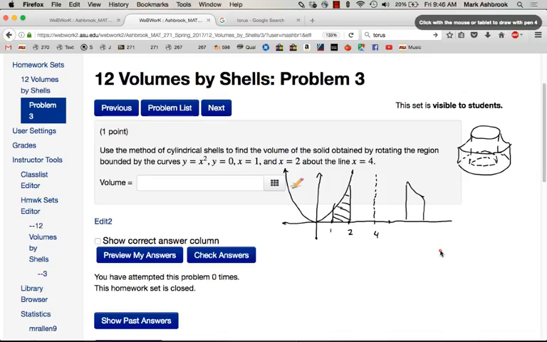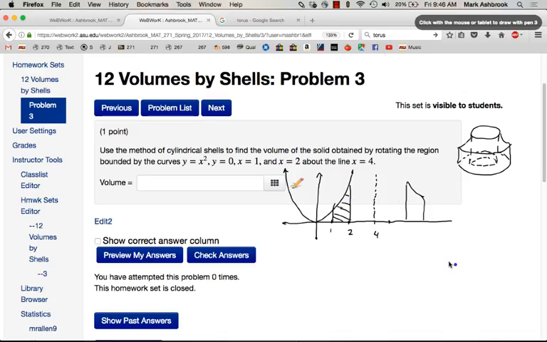What if we did a horizontal slice? Okay, you're going to get washers. But what happens when you do horizontal? If you were to do this by horizontal slices, something happens. Notice that down here, the typical slice starts at 1 and ends at 2. But up here, the typical slice starts at the curve and ends at 2.